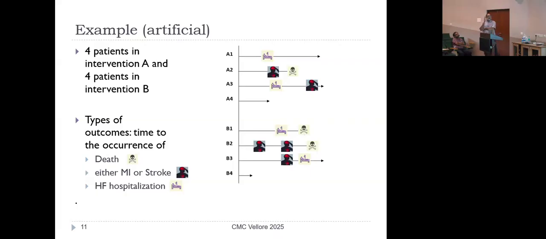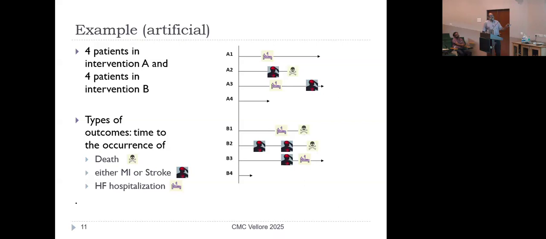And if I choose severe things like death, and I ignore the others, non-fatal ones, what do I have? I have that here, this person would be censored here, this person would be censored here, this person is censored here, this person had the event here.